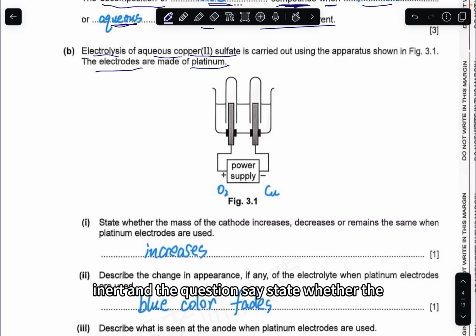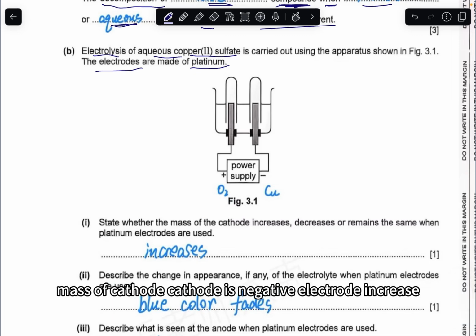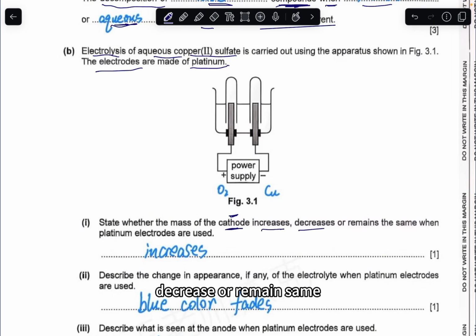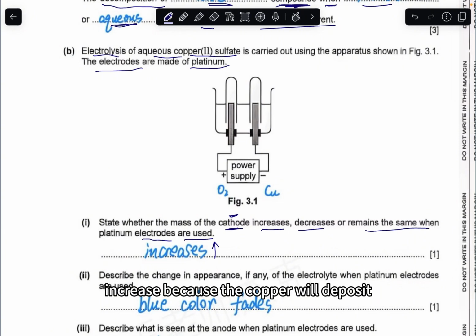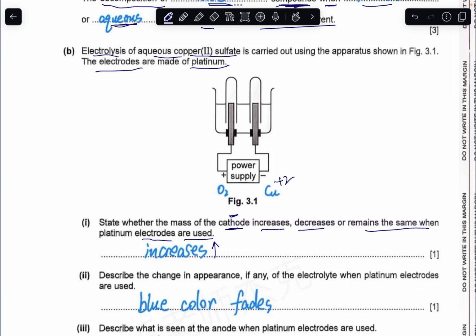The question states whether the mass of the cathode, the negative electrode, increases, decreases, or remains the same when platinum electrodes are used. The mass on the cathode increases because the copper will deposit, because copper is positively charged, and it will go to the cathode.